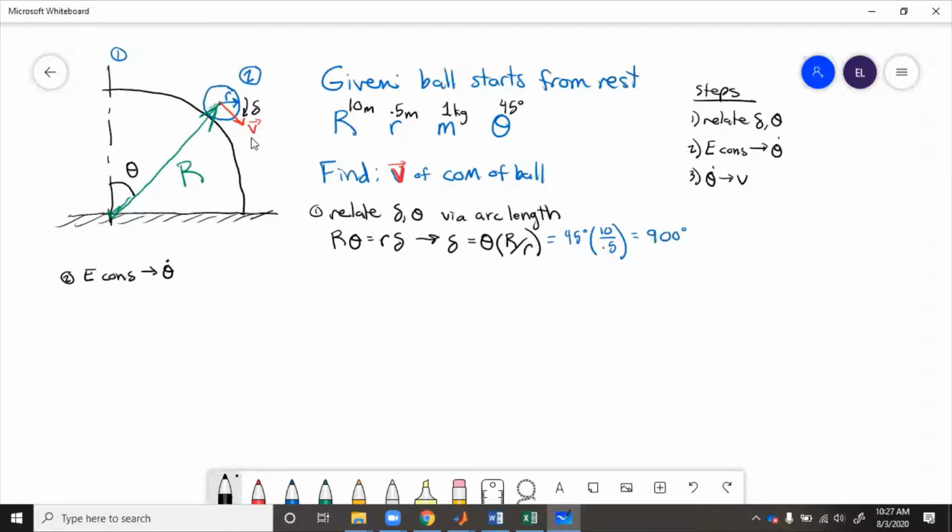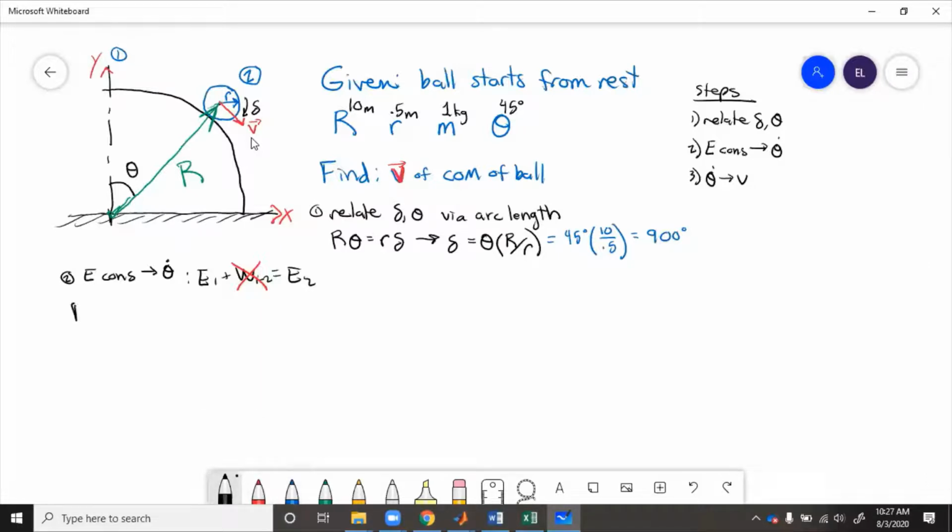So if we do conservation of energy, then we know energy at 1 plus work from 1 to 2 equals energy at 2. But since energy is conserved, this is 0. So at the top, it's not moving because it started from rest, but it has some potential energy. So let's say this is X, this is Y.